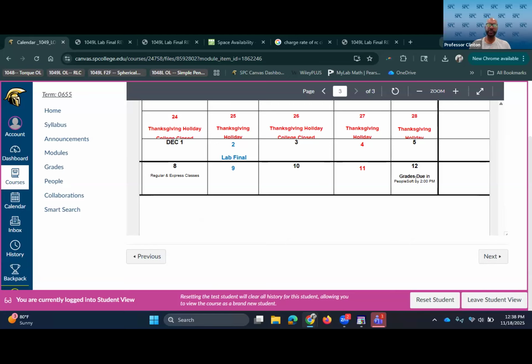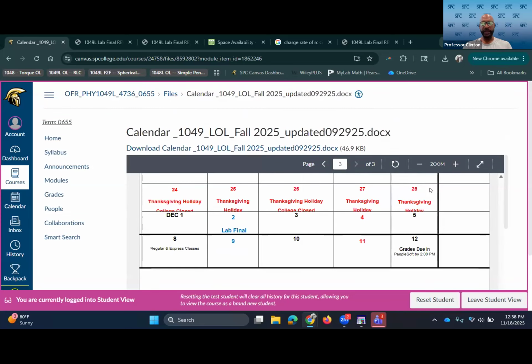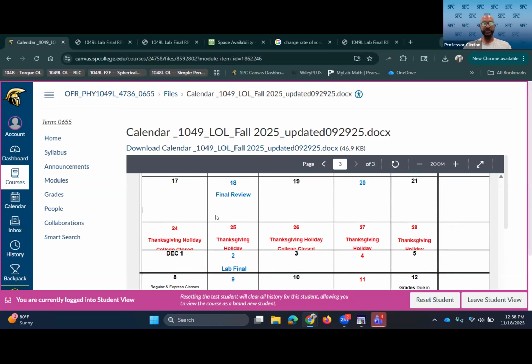So if you have any questions as it relates to your grade, it's going to be really important that you ask me, obviously prior to the lab final. So this will be the ideal day or the ideal week to get your appointments in. Some of you guys have already scheduled appointments. We've talked a little bit.